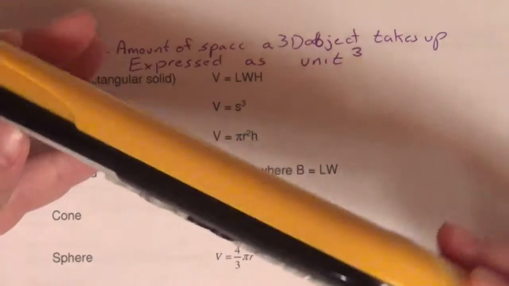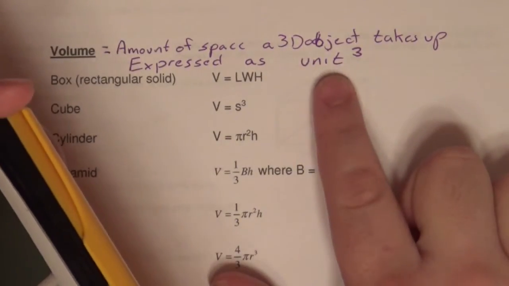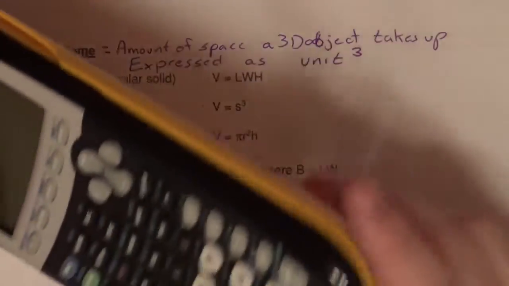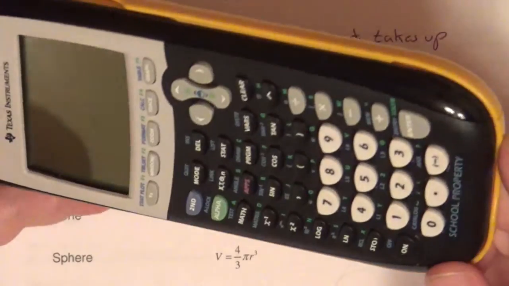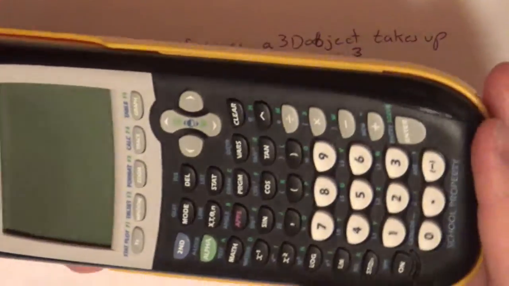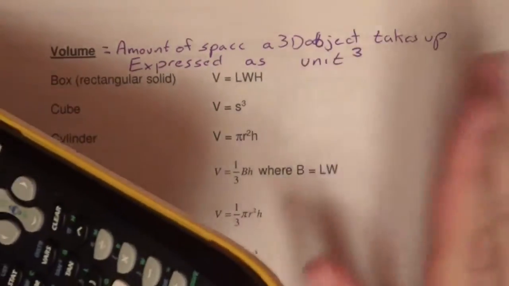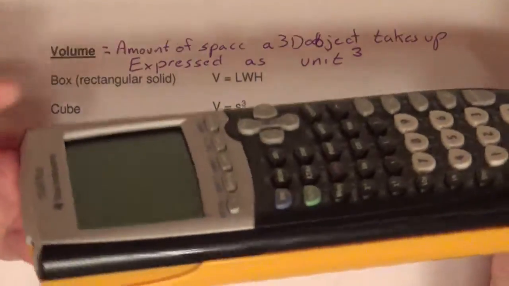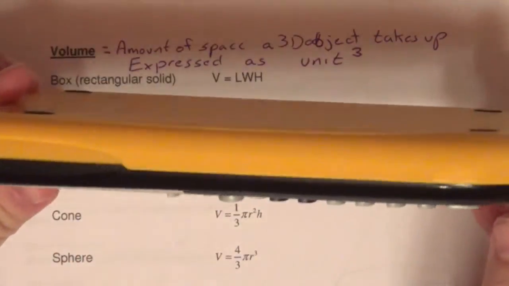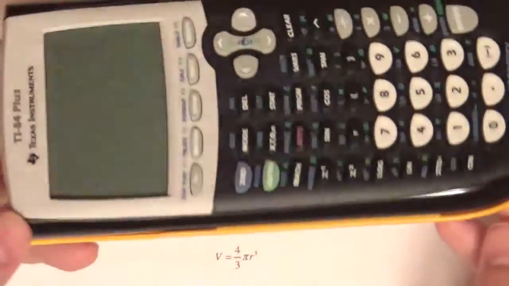When we measure it and do all the mathematical mumbo jumbo with it, the units we discuss it in are always units cubed. If this was in inches, our answer would be inches cubed. If we measured it in centimeters, it would be centimeters cubed, etc. So that's really what volume is: how much space a 3D object takes up.